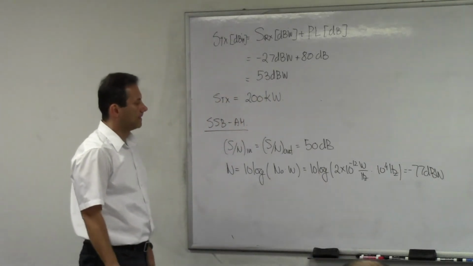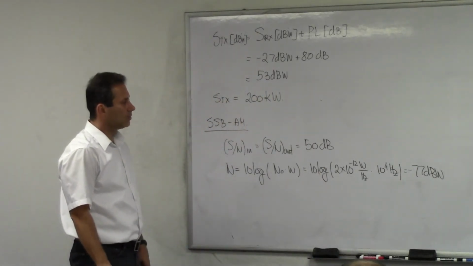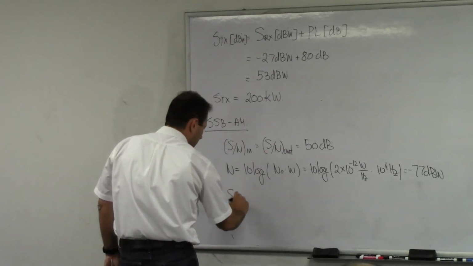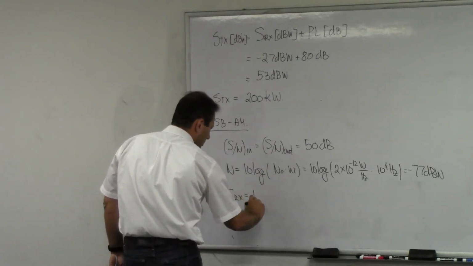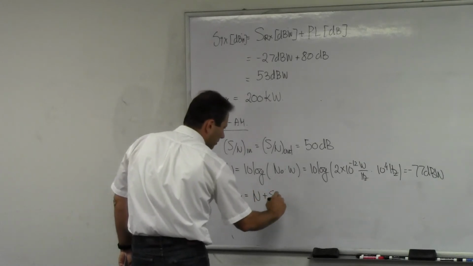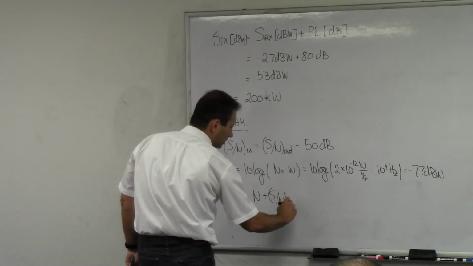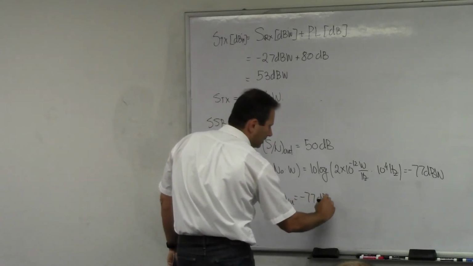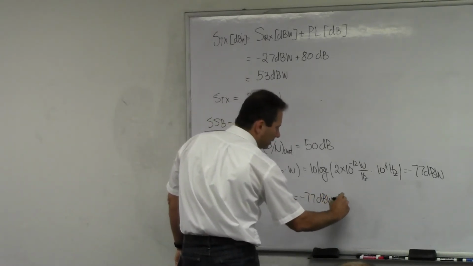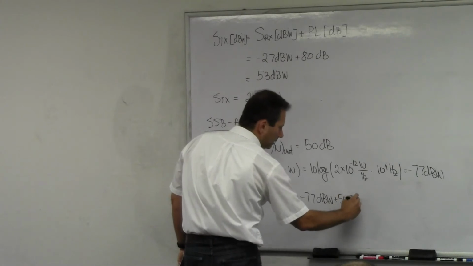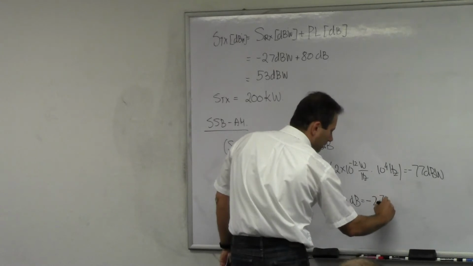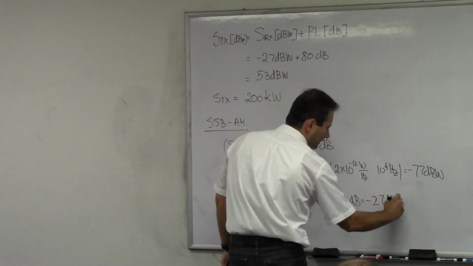That's the noise. And then your signal at the reception is the noise power plus the signal to noise ratio requirement at the input, which is minus 77 dBW plus 50 dB, which gives you minus 27 dBW.